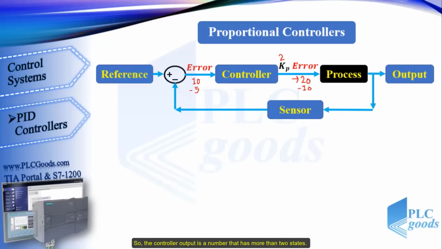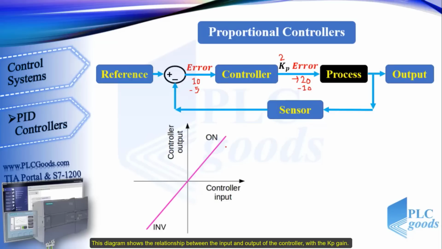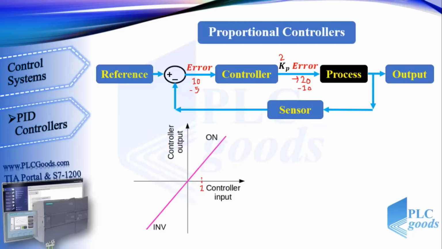So the controller output is a number that has more than 2 states. Therefore, in order to use this controller, analog equipment must be used. This diagram shows the relationship between the input and output of the controller with the Kp gain.